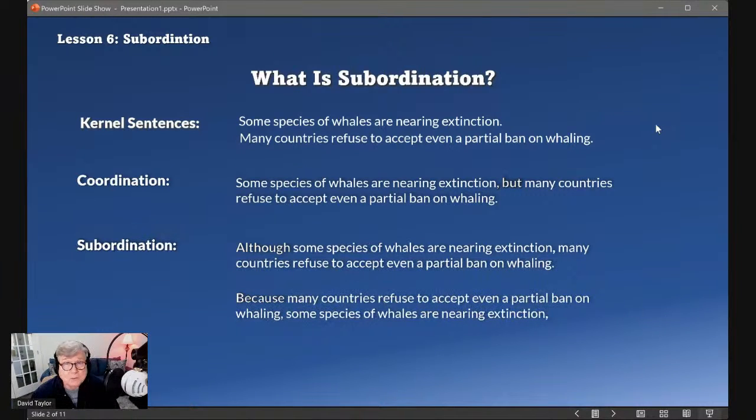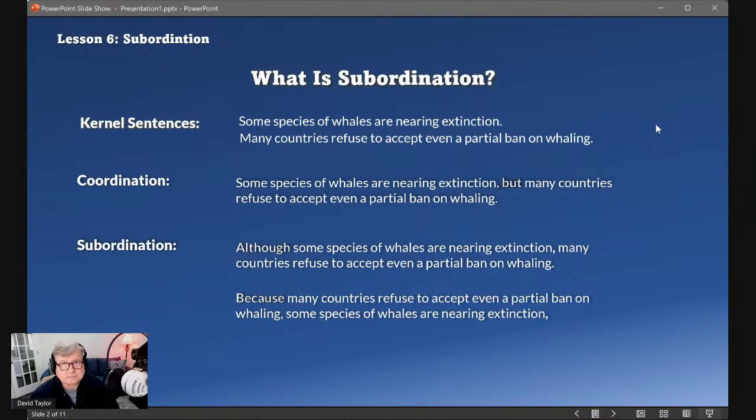Now, we can also reverse the emphasis to place the emphasis on the fact that some whale species are becoming extinct. Because many countries refuse to accept even a partial ban on whaling, now comes the main clause that receives more emphasis, put at the end of the sentence, therefore giving it more emphasis: some species of whales are nearing extinction.